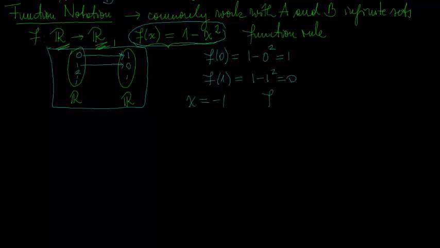Well, you're going to compute f of -1, which is 1 minus (-1) squared. 1 minus 1 is 0. So the x value of -1 is assigned to the corresponding value of 0. And this is what this function rule gives us, and why we don't typically represent functions as diagrams. However, the same underlying idea is present here.